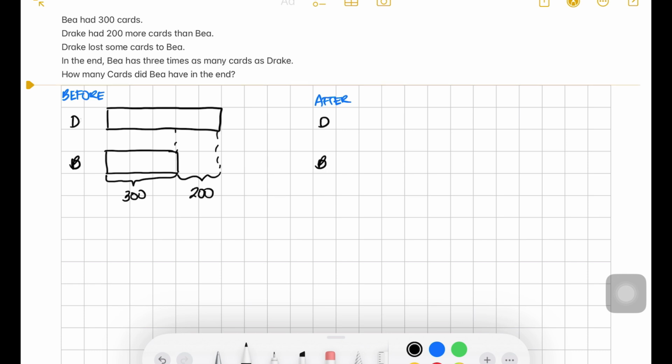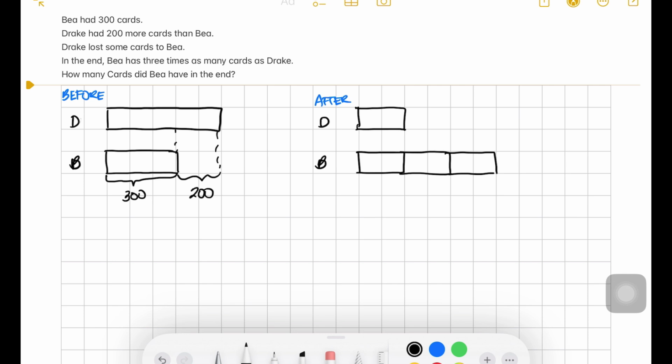This time, Bea has three times as many cards as Drake. Alright. So looking at our problem, we are only limited to this before model and the after model.